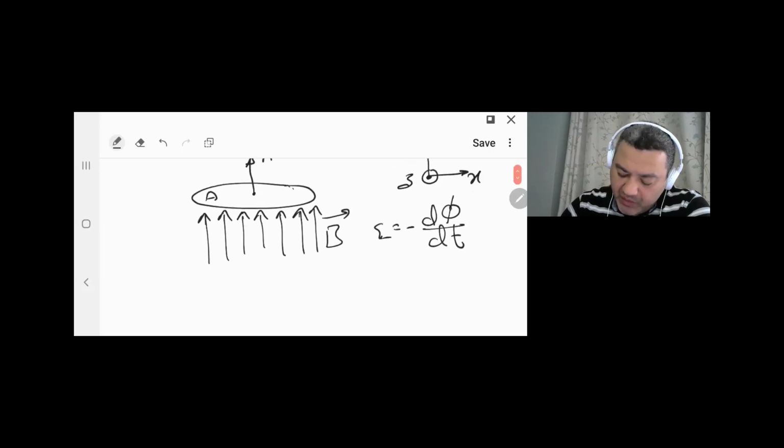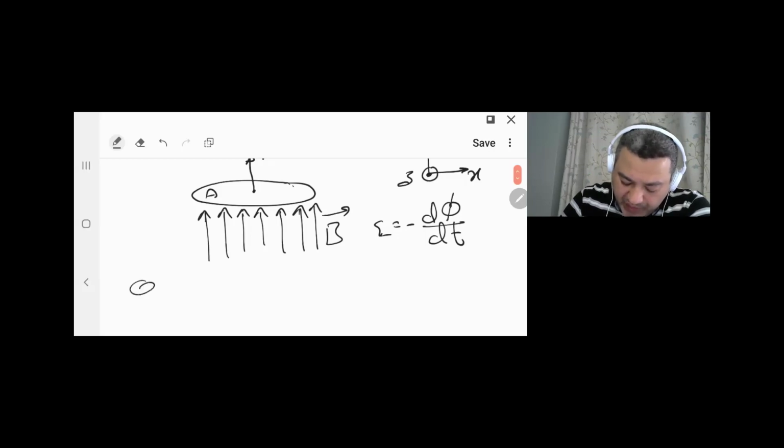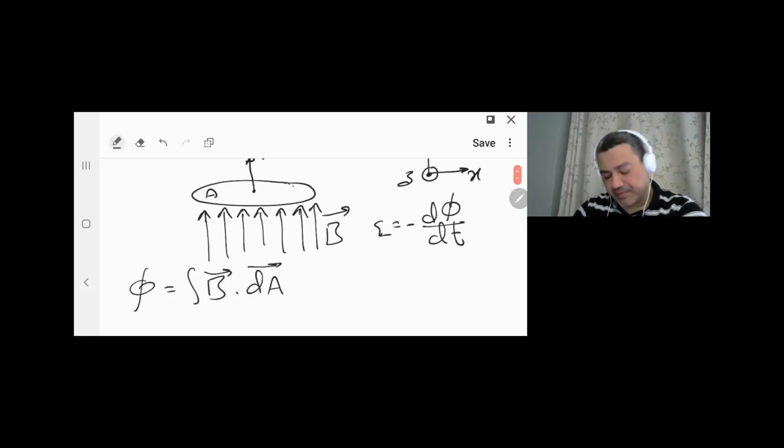So what does the flux mean? We've seen the flux before in the electric field. Today we will talk about magnetic flux. And as you recall, the definition of the flux is in general given by the integration of a dot product of the magnetic field and the differential surface element for the area that you're interested in calculating the flux for.